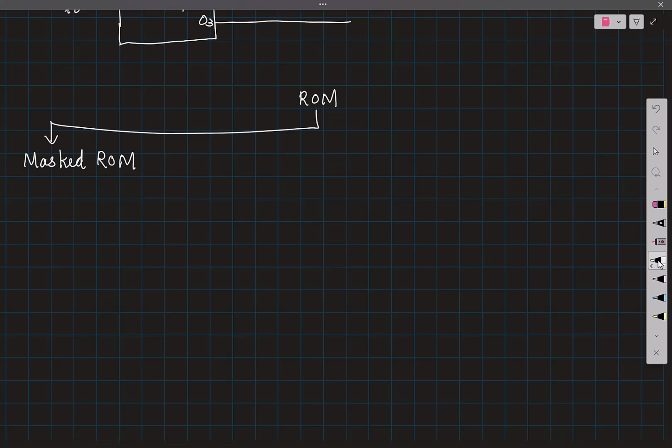So when you send your design for the fabrication, only then will you tell the foundry for these locations, please make a hardwired connection, right? And immediately after the fabrication, your read-only memory is ready with the type of data that you wanted to be stored forever. Now this makes sense because a fabrication cycle is involved.